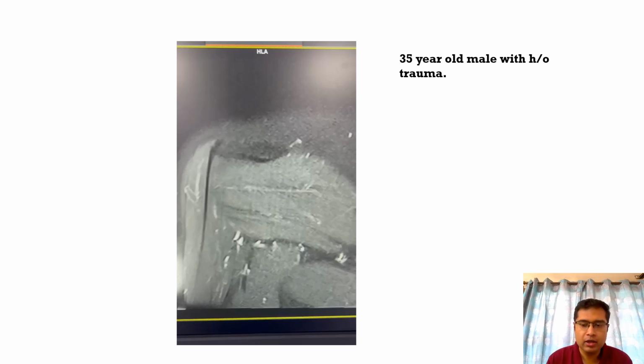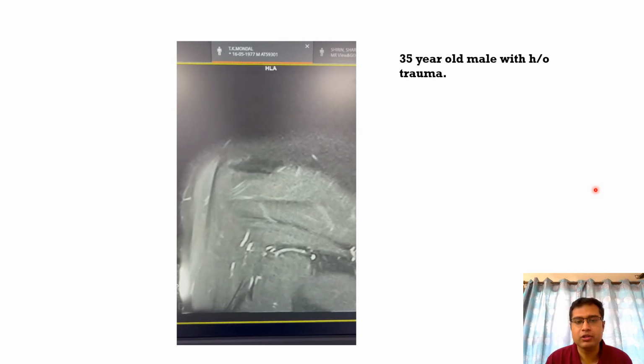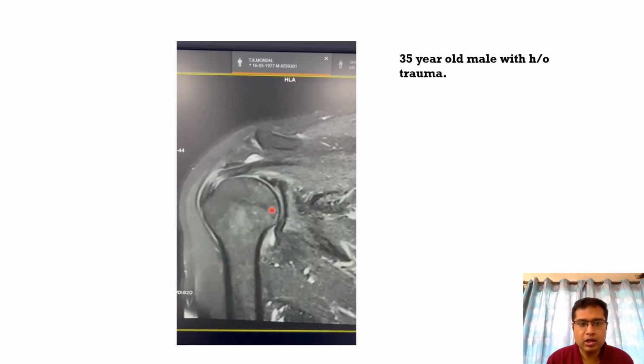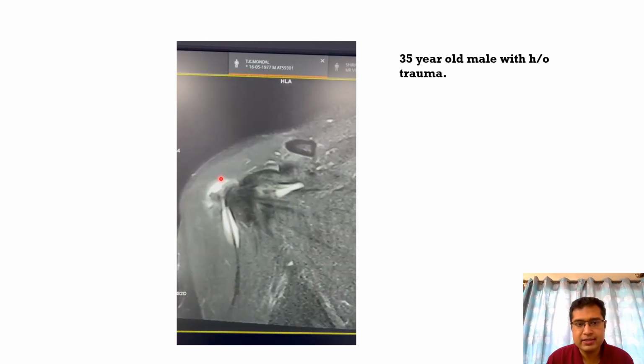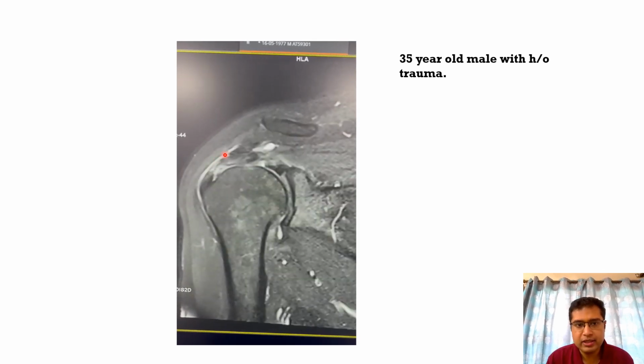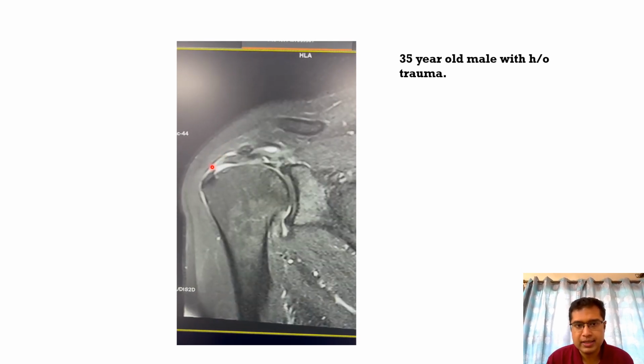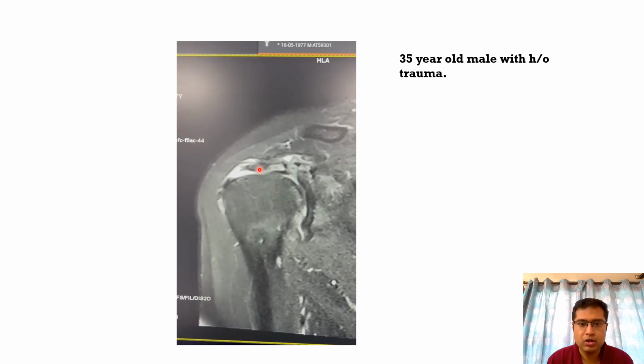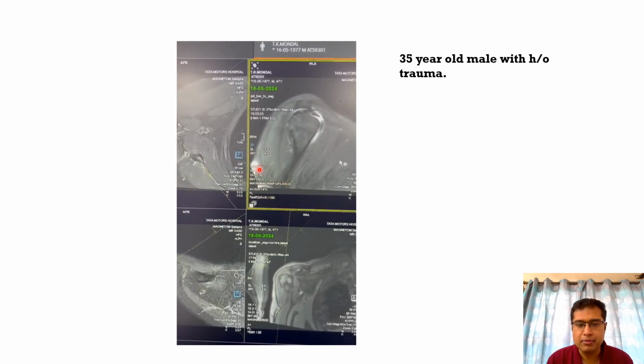right shoulder, and was not able to abduct his right shoulder. Severe pain and swelling in the right shoulder was seen, and this is the MRI done for this particular patient. So here we can see that there is extensive edema as well as fluid collection, and there is discontinuity of the fibers of the supraspinatus at its site of insertion on these coronal PDFS images.